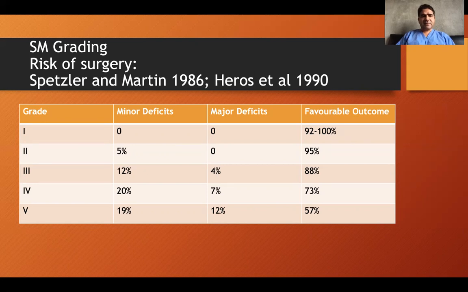Grade 3 has 12% chance of minor deficit, 4% major deficit, and 88% favorable outcome, while grade 4 has a 20% chance of minor deficit, 7% major deficit, and 73% favorable outcome. Grade 5, 19% might have minor deficit, 12% major deficit, and only 57% will have a favorable outcome.